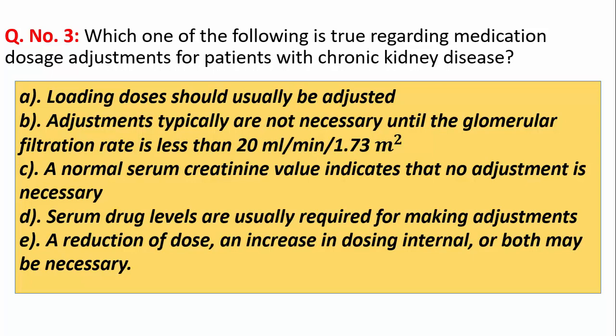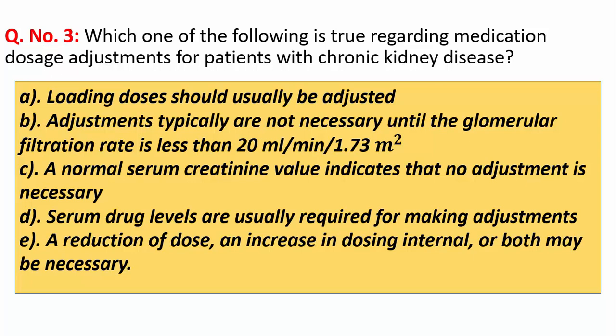Loading doses should usually be adjusted. The loading dose of a medication usually does not need to be adjusted in CKD. Adjustment is typically not necessary until the glomerular filtration rate is less than 20 ml per minute per 1.73 meter square.